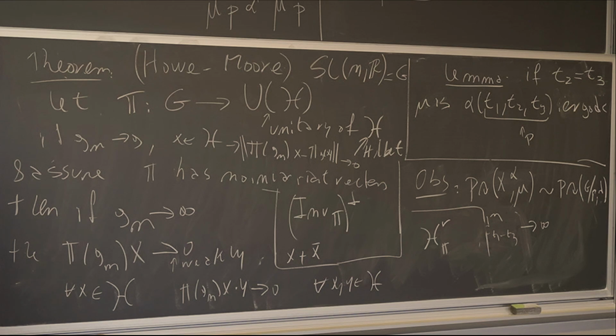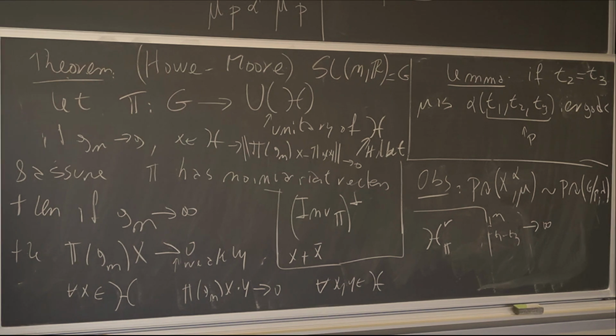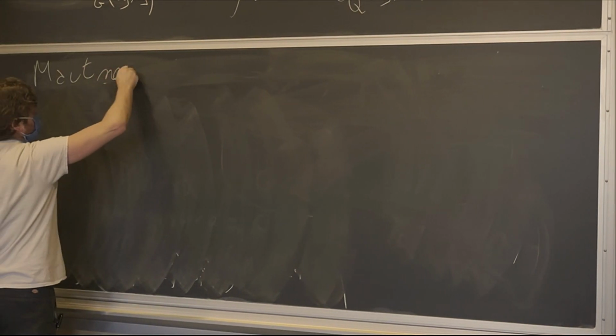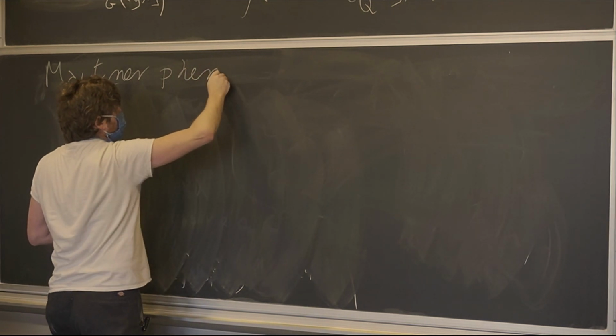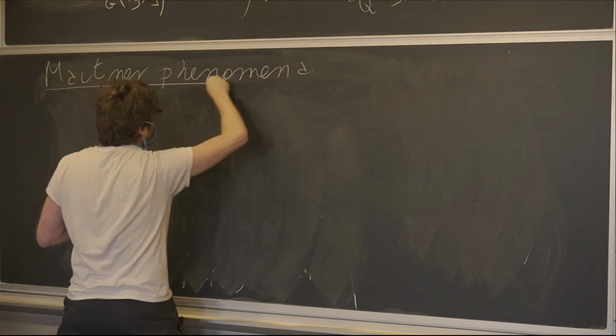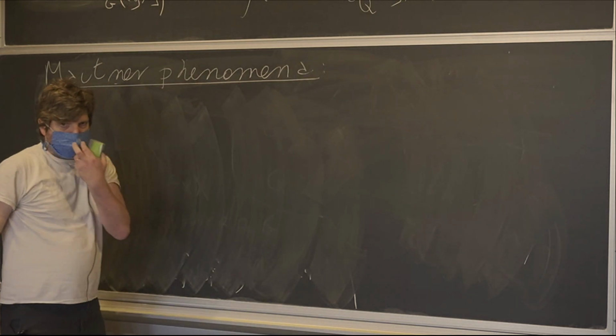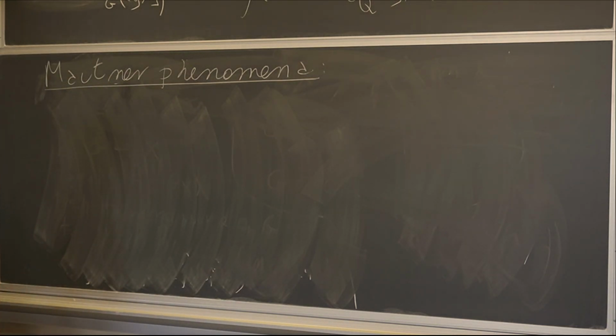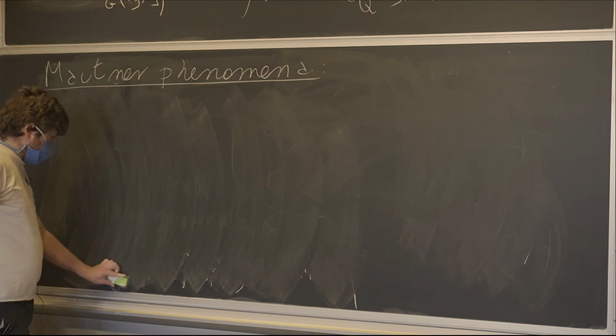Okay, so what is the Mautner phenomenon? I will try to write it in very full generality. We are only going to use it in the case of SL2R, which is much simpler, but I will try to write it in the most general situation.